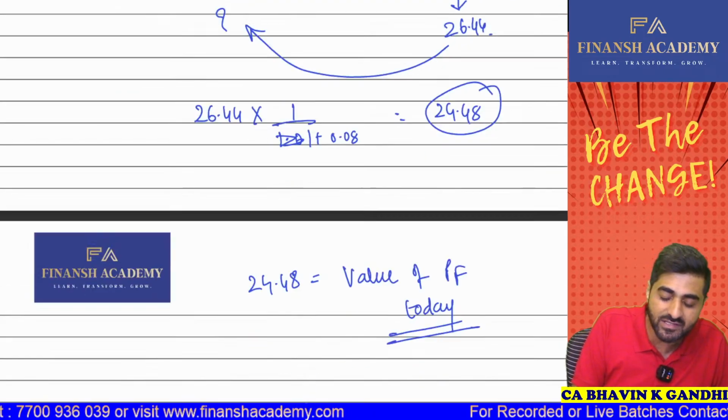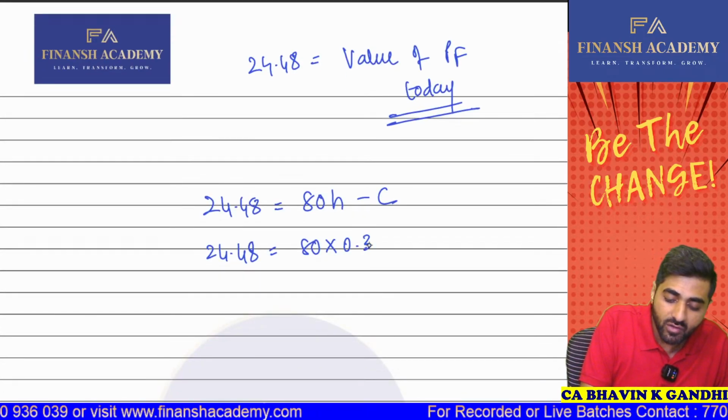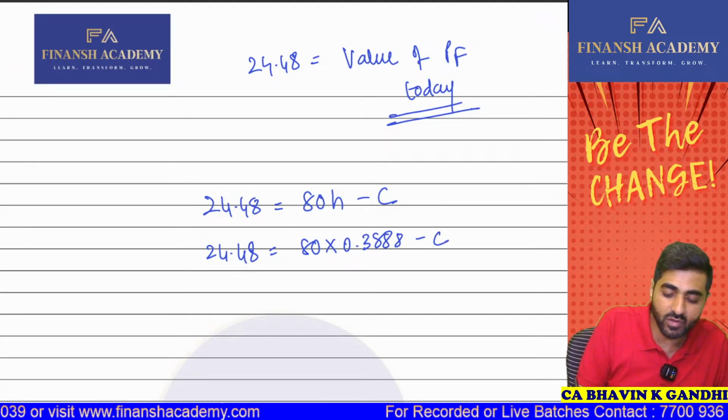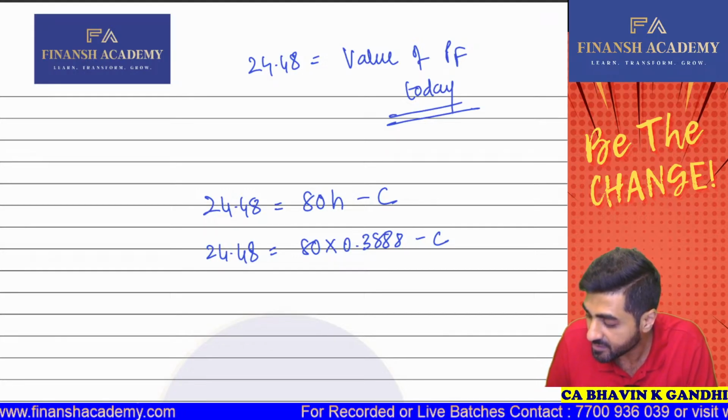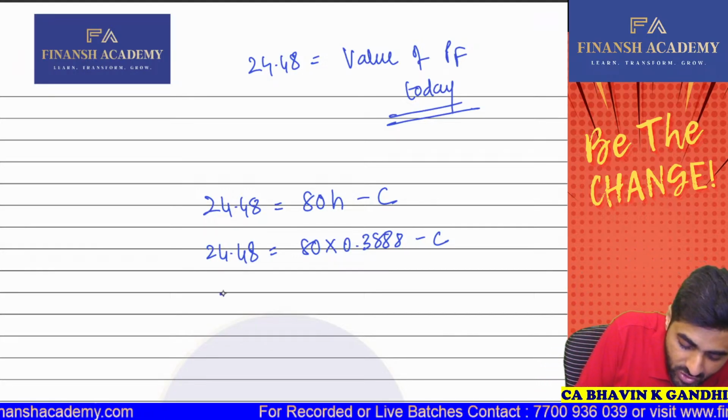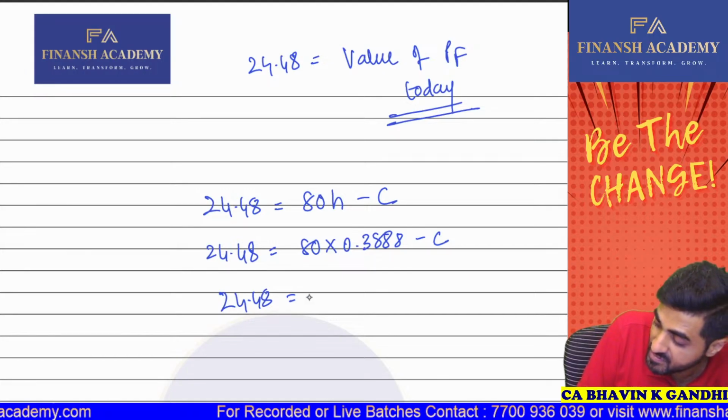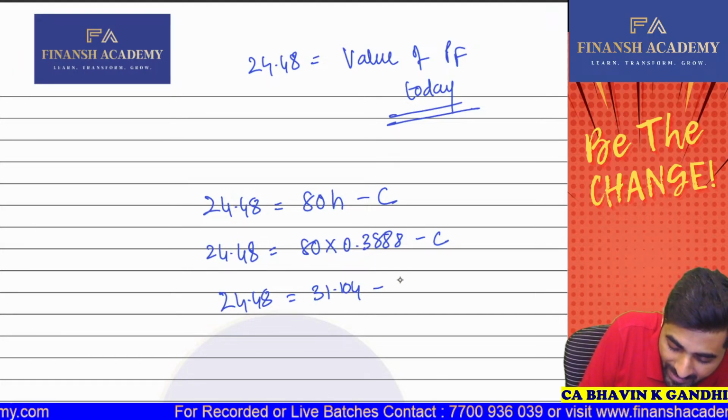Your H is nothing but 0.388, and minus C. So this will now become 80 into 0.3888. So this will give me 31.104. So 24.48 is equal to 31.104 minus C.